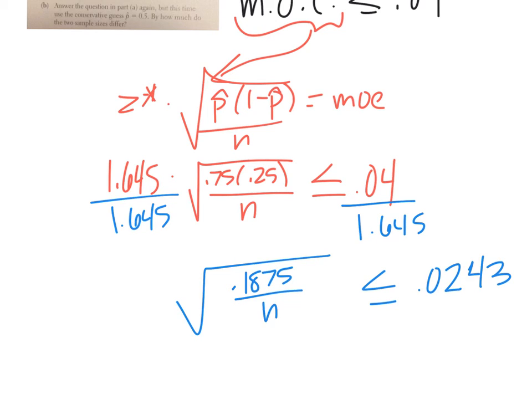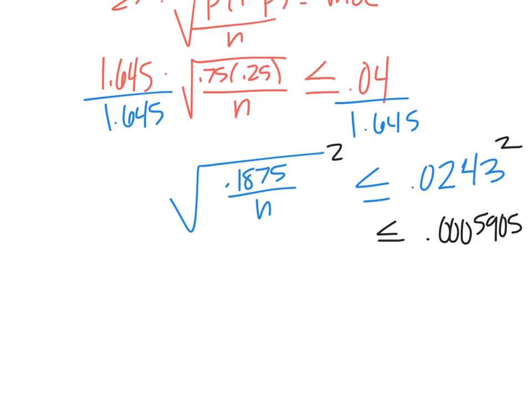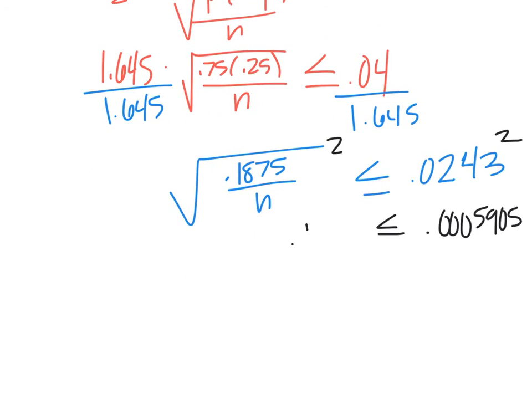Okay, so the next thing I need to do is square both sides. And I get 0.0005905. So we're getting very small here at first.